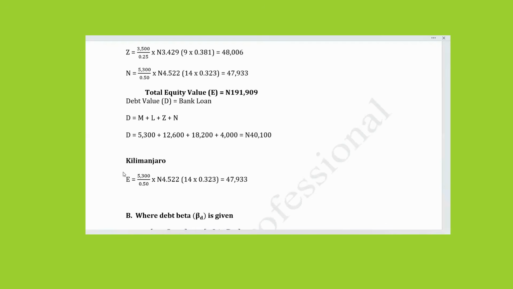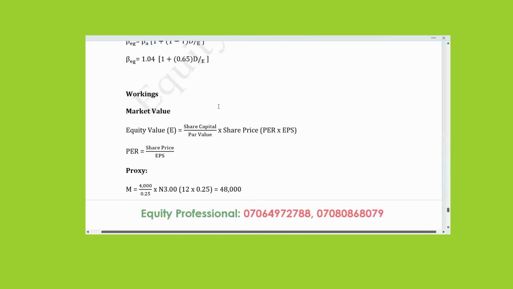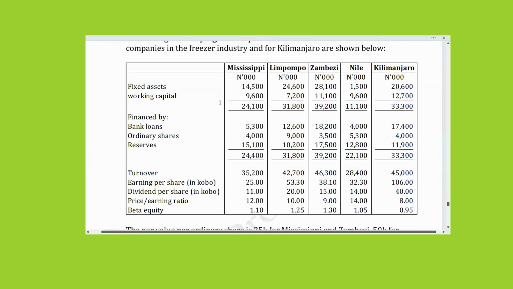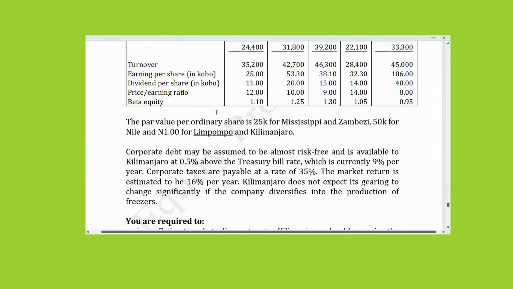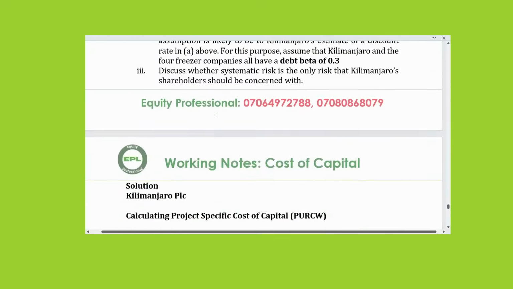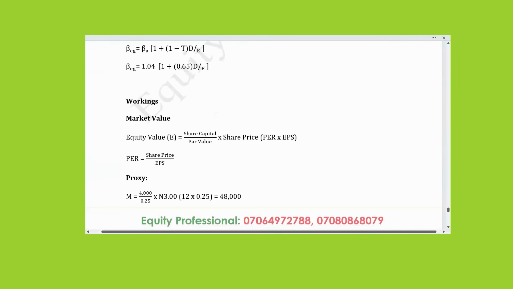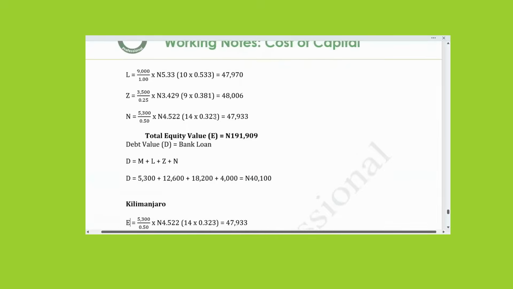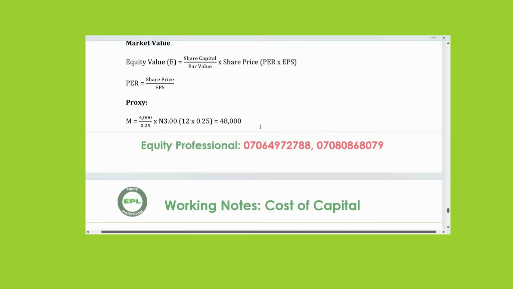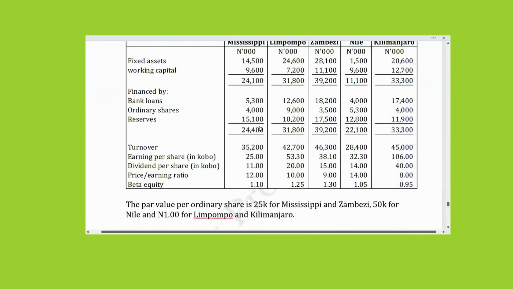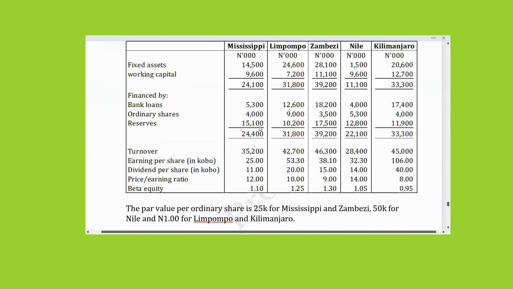So equity value of Kilimanjaro, according to the question, what's the share capital of Kilimanjaro? 4,000. What's the par value of Kilimanjaro? 1 naira. So 4,000 divided by 1 naira. Then, what's the price earning ratio of Kilimanjaro? 8.